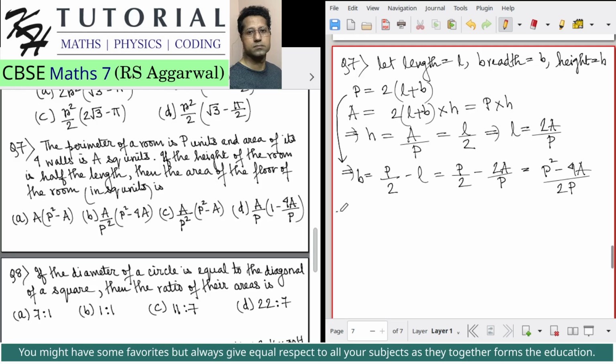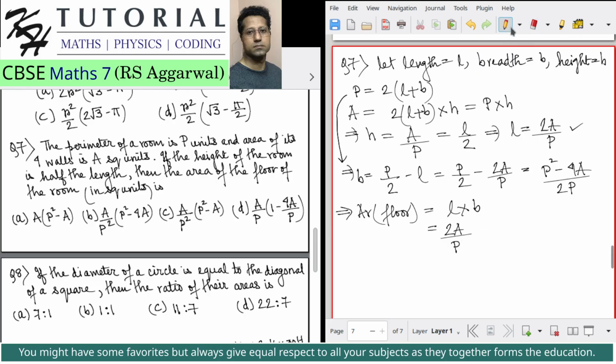Now we can easily find the area of the floor. Area of the floor is nothing but L into B. What is L? L we have found to be twice A by P. And what is B?